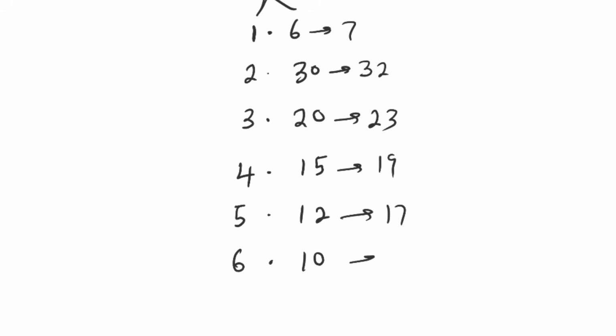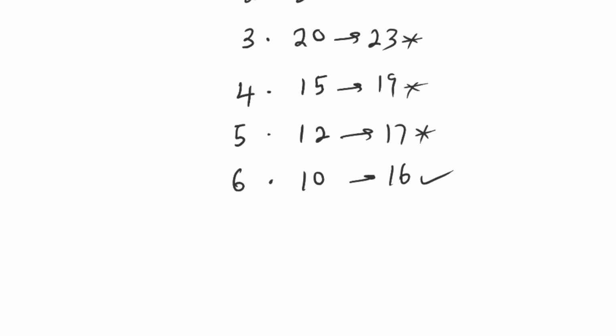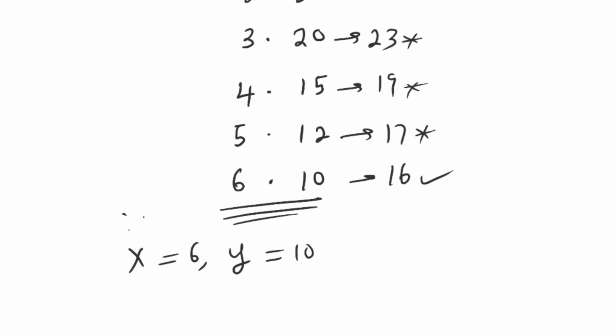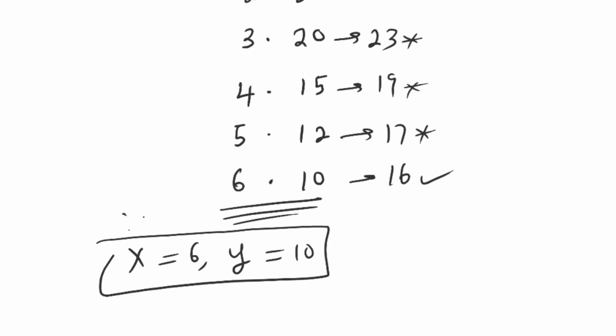And 6 plus 10 is 16. You can see that this is true, and the others are not true. Therefore, this is the only true solution we have. x is equal to 6 and y is equal to 10. And this is the final answer.